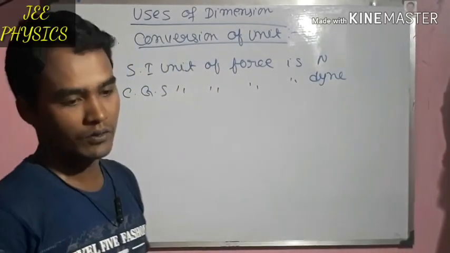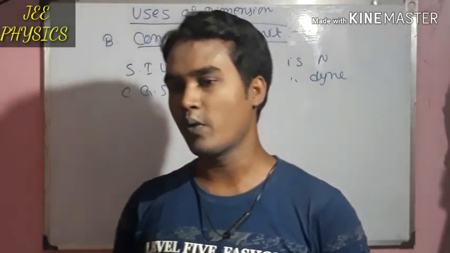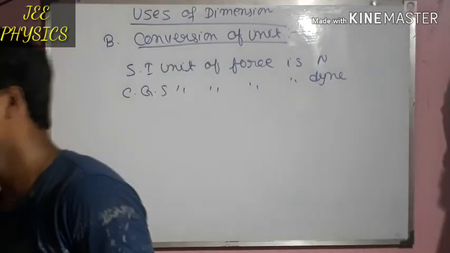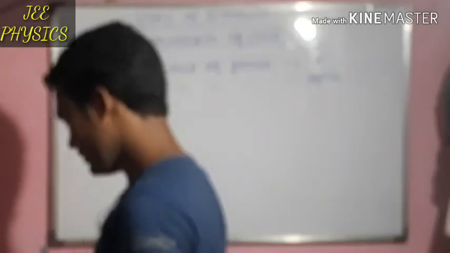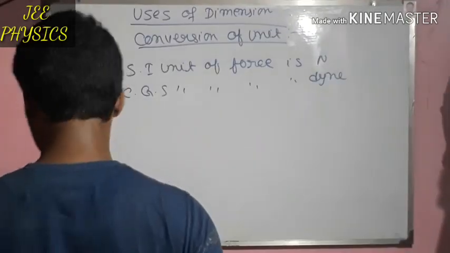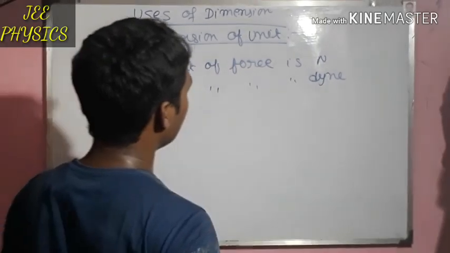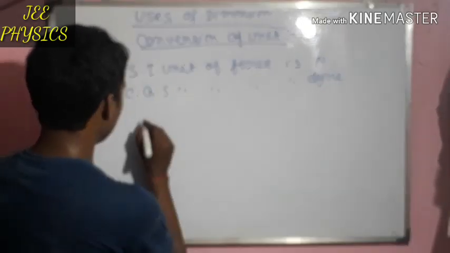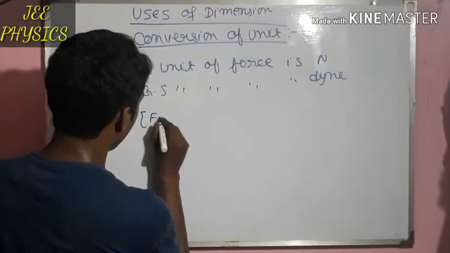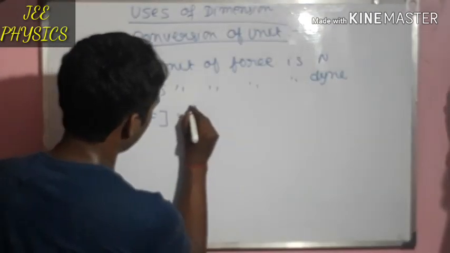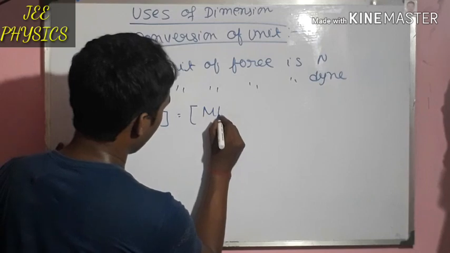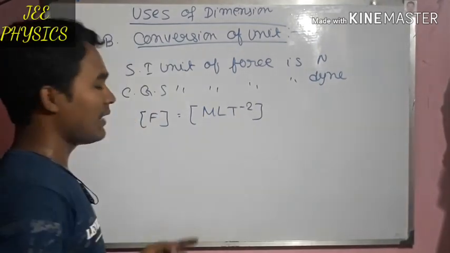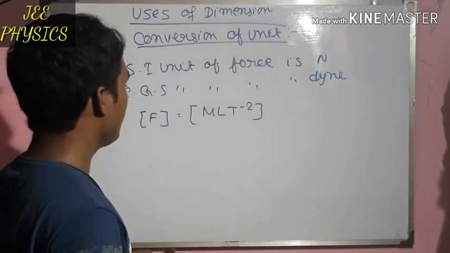We can find 1 Newton equal to what dyne, or 1 dyne equal to what amount of Newton, using the dimensional method. To find that, we first have to write the dimension of force. The dimension of force, I told you to remember this one, is mL t to the power minus 2.